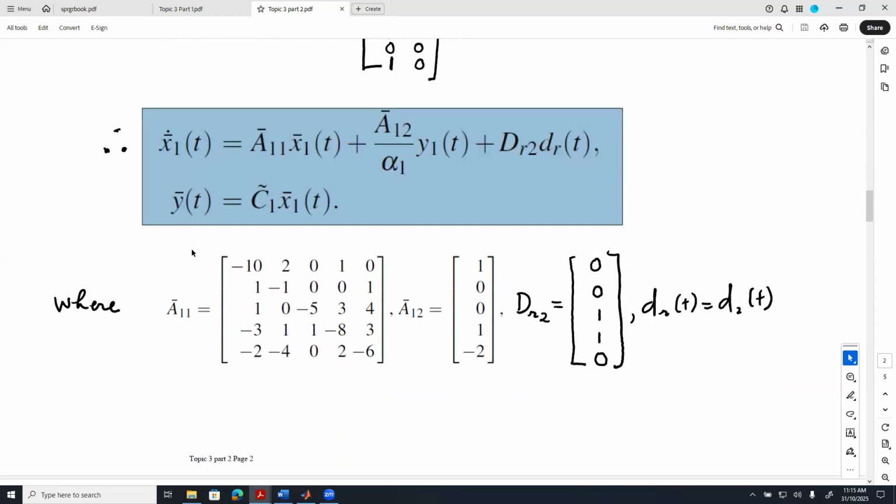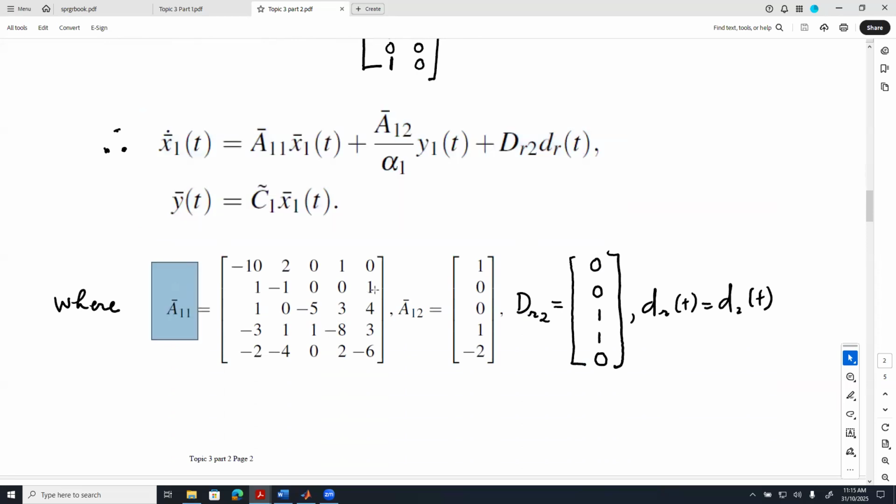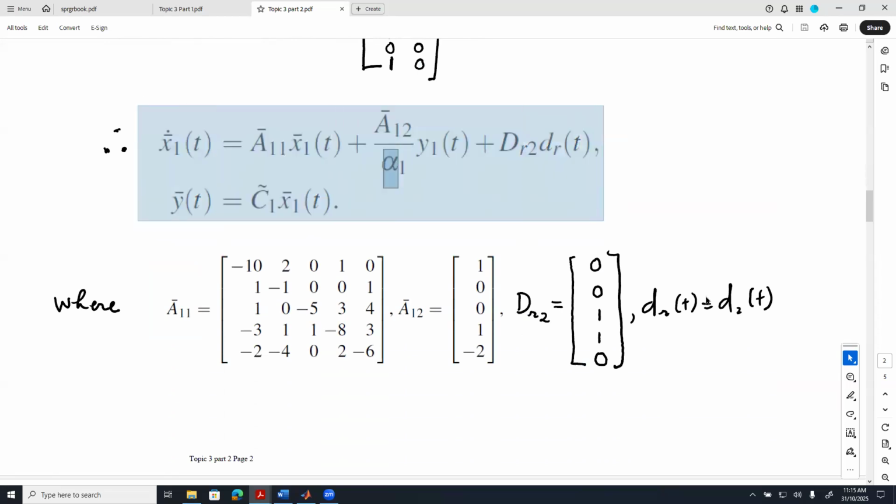And so we get this reduced order system with an unknown input, where matrix A bar 1,1, A bar 1,2, and alpha 1 is 1. So we get this reduced order system with an unknown input easily.